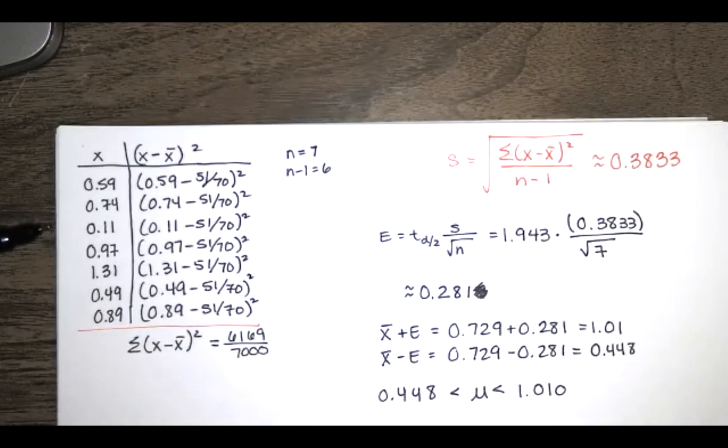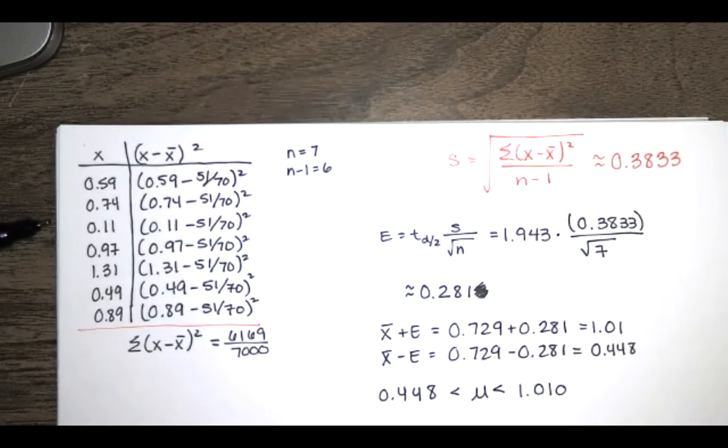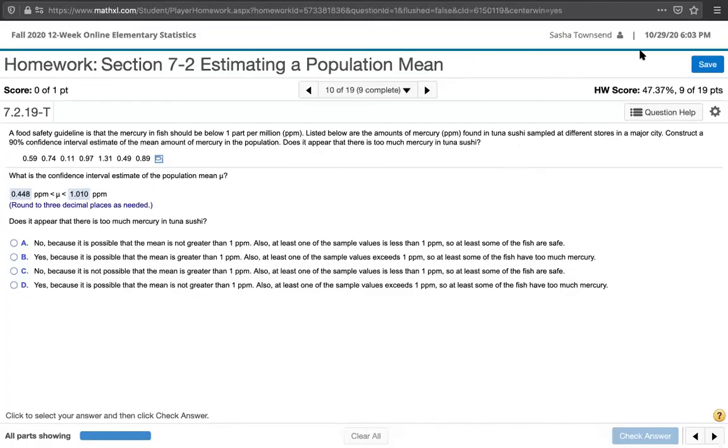But we're going to be slightly more accurate when we're using Excel, because that t-score is approximated to more decimal places, the sample mean is approximated to more decimal places, and the standard deviation is also given to more decimal places. So it's just more accurate all the way around when we use Excel.